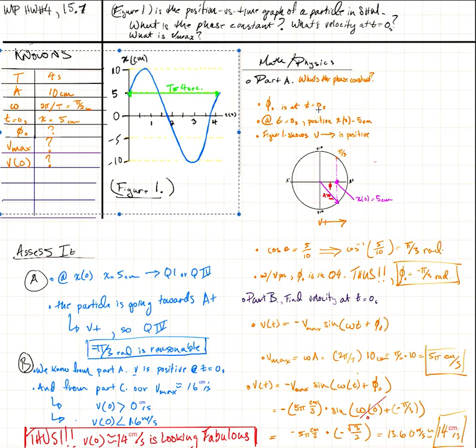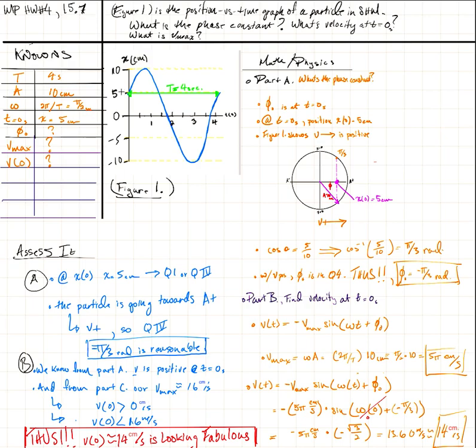So back to figure 1, we're starting at 0 seconds. At 0 seconds, our x position is at 5 centimeters, and the particle, or the waveform, has a positive velocity.